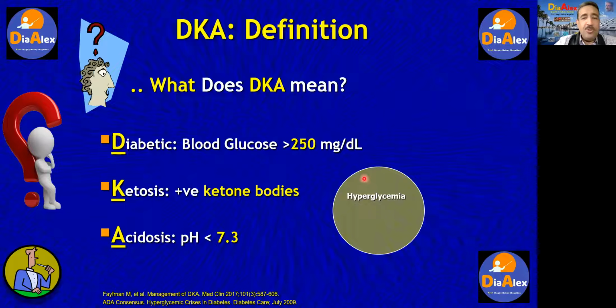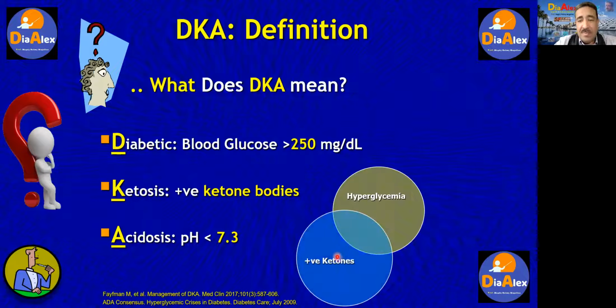So in the simplest definitions, practice-wise, DKA is a triad of D, diabetic hyperglycemia, with blood glucose more than 250 milligrams per deciliter. K means there is ketosis, and when I'm saying ketosis, this includes ketonemia, means increased ketone bodies in the blood, and ketonuria means excretion of ketone bodies in the urine. We're going to discuss which to believe in more, the serum ketones or the urine ketones, later.